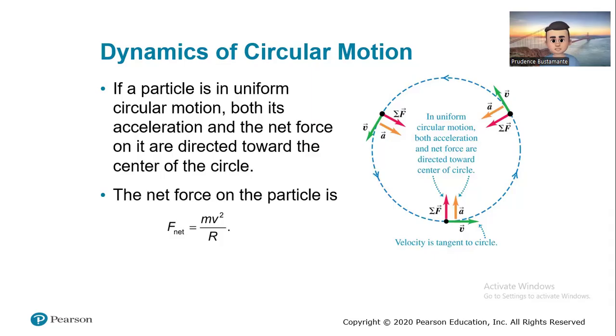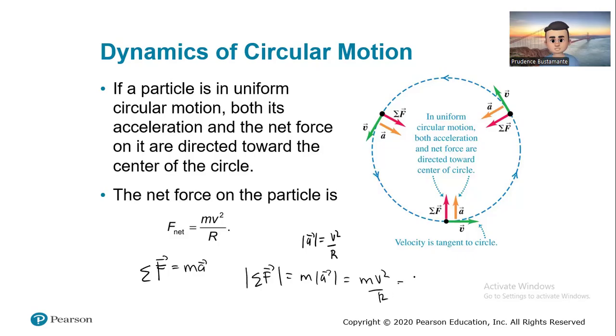So this is about the dynamics of circular motion. We already derived that the centripetal acceleration, the magnitude of a in this particular case, is equal to v squared over r. The net force is also pointing in the direction of the center. Newton's second law states that the net force is equal to the mass times the acceleration. The magnitude of the net force is equal to the mass times the magnitude of the acceleration. Therefore, this is equal to the mass times v squared over r.